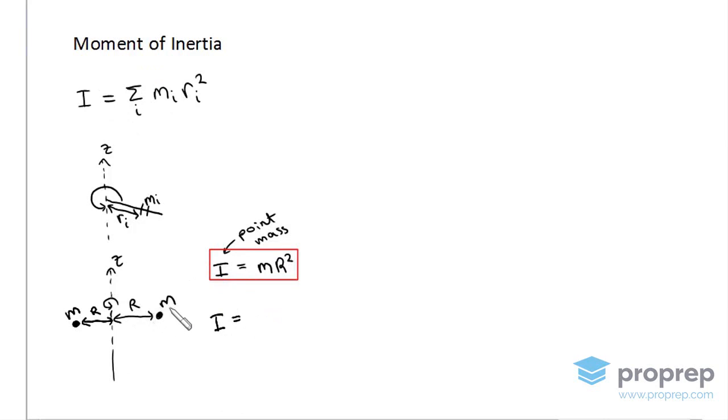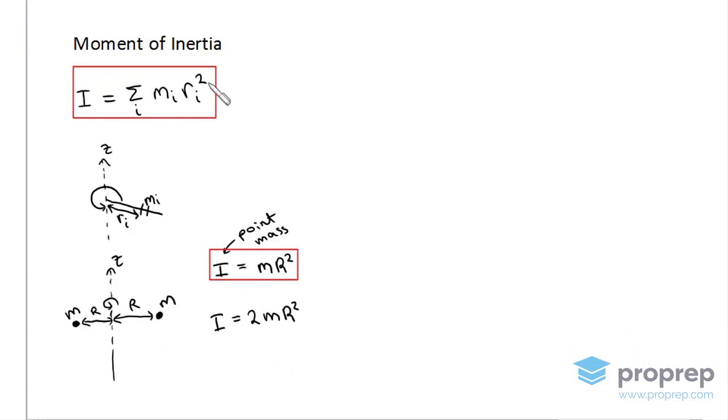So we're just going to have m r squared plus m r squared from this side. That's simply going to be 2 m r squared. This is the moment of inertia of two point masses rotating around an axis of rotation.